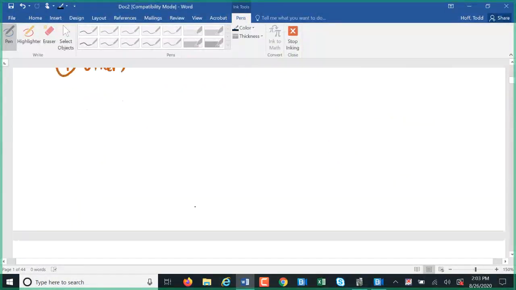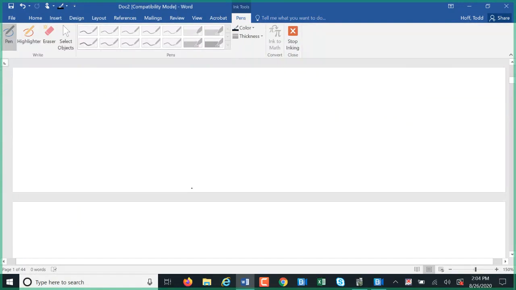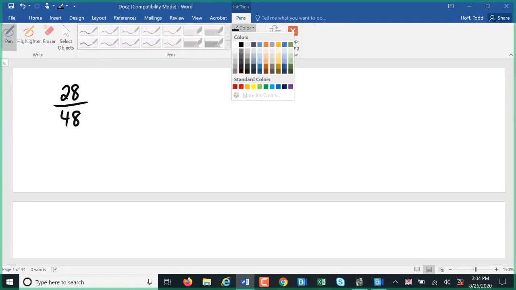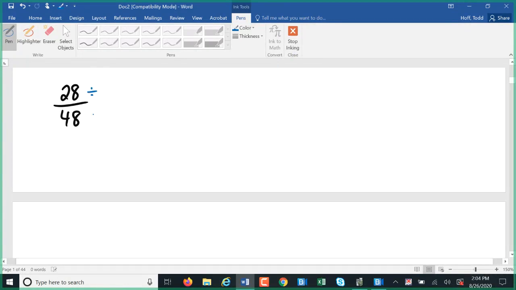So let's take a look at reducing some. If I give you 28 over 48, what can both of those be divided by? 2.